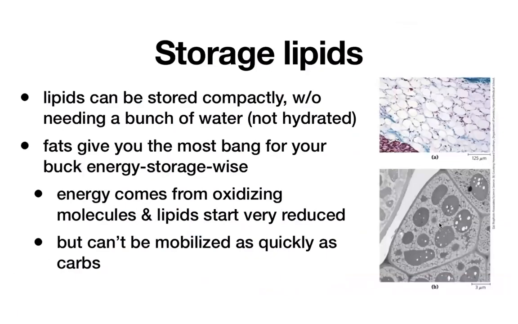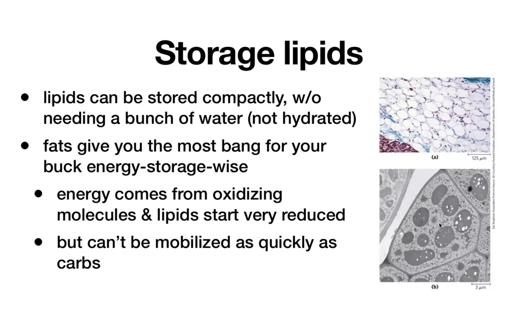One of the inconvenient things about storing fats as energy storage as opposed to carbohydrates is that they can't be mobilized as quickly as the carbs can. Remember how we talked about the structure of glycogen and how it had all those branches where you could chew off individual glucose units from different points and quickly mobilize them? That's not really the case for lipids, where you just have lipid droplets inside of your cells, or the plants have lipids inside of their seeds.